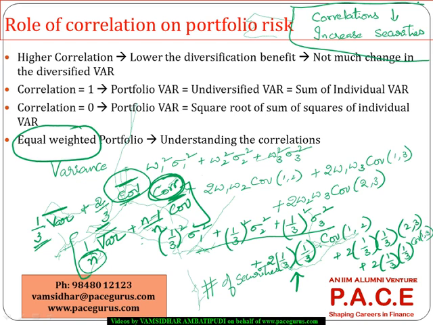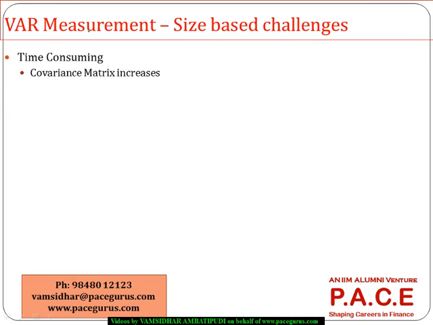All right. Another point to understand in this context is, though on one side we say that as the number of securities in the portfolio increases, the portfolio variance will decrease, so the portfolio value at risk also should decrease.